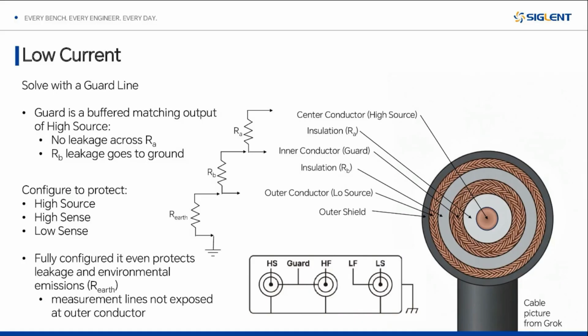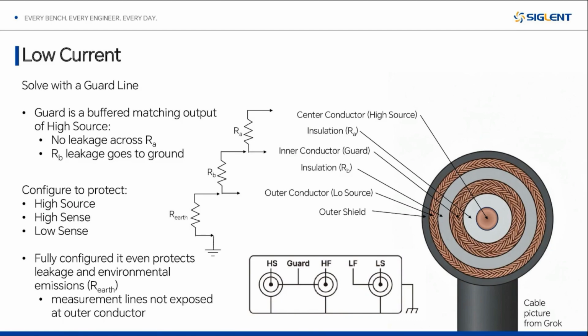So now what happens in this configuration is, because there's no voltage differential between the center conductor and the middle conductor, you get no current flow out of that center conductor. It's protected, it's guarded. So you have no current flow into the guard because it's always at the same potential.